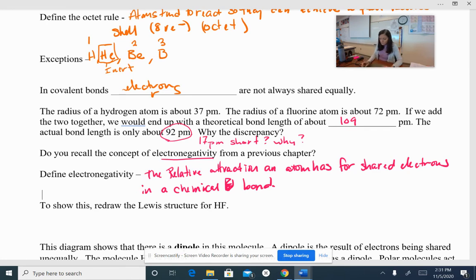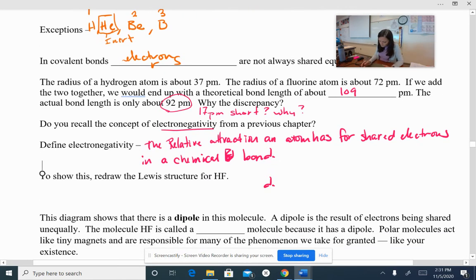Oh yeah. So let's look at this. If I look at hydrogen fluoride, here's our Lewis structure again. I am going to look at our electronegativity chart on page 136.